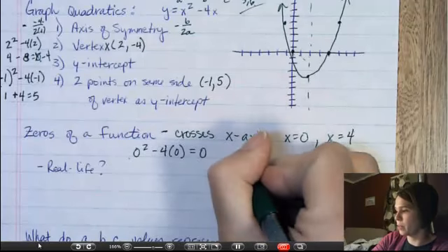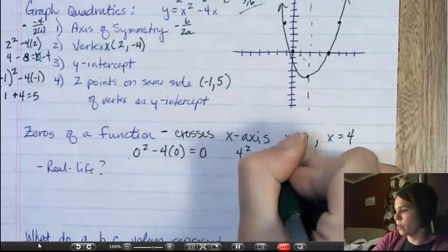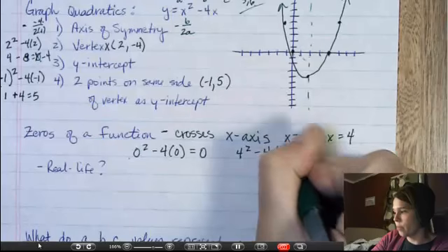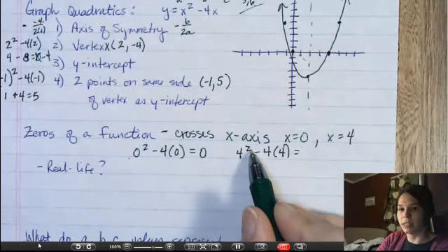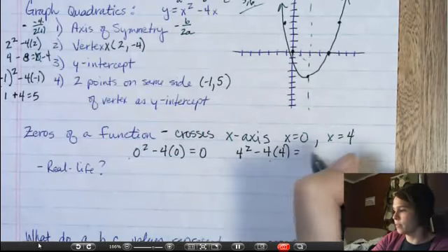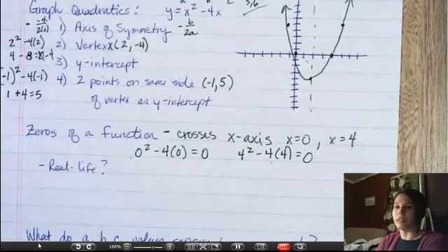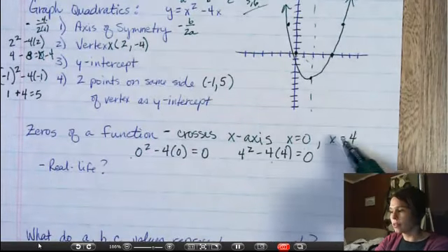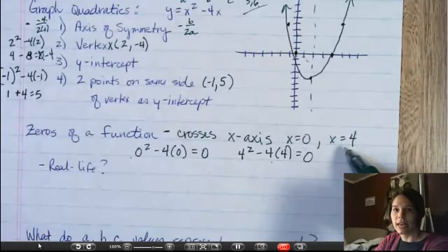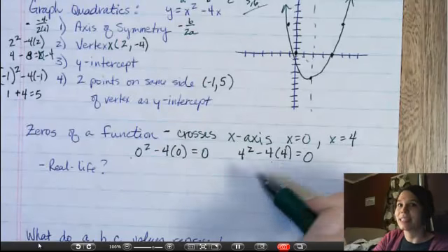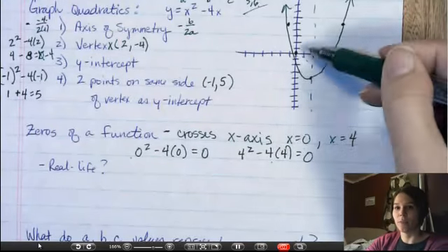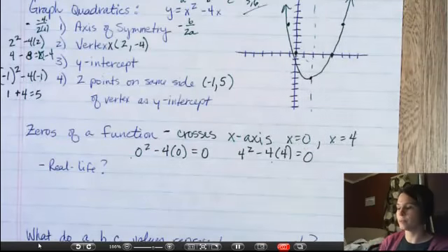Let's just try 4 really quickly. 4 squared minus 4 times 4. 4 squared is 16, minus 16, 0. So my zeros of my function are where it crosses the x-axis, and when I plug those x values into the equation, I get 0 out. That means I haven't moved up or down along my y-axis.